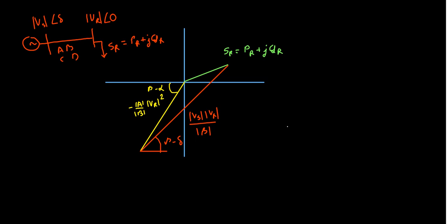So now if I fix VR and Vs in magnitude, is there any way I can change or I can serve a receiving end power which is different from PR plus jQR?